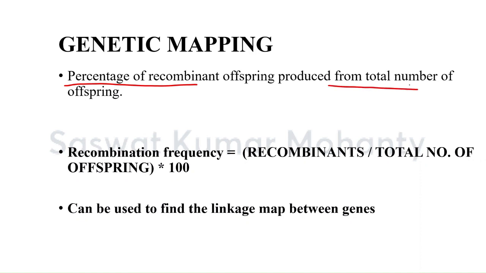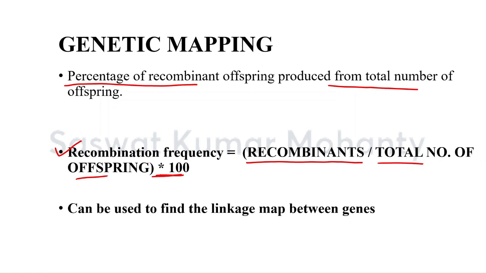See here, how to find it? When you cross two genes for which you want to find the distance, you will get lots of offspring. Out of these, you have to find which offspring are recombinants. So the formula for the recombination frequency is the total number of recombinant offspring produced out of the total number of offspring, into 100.